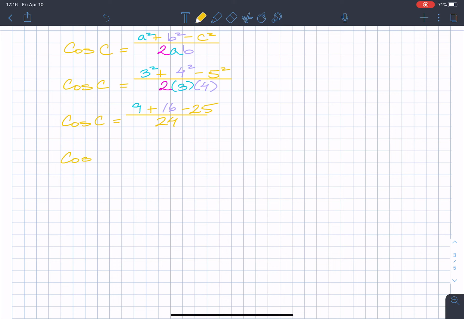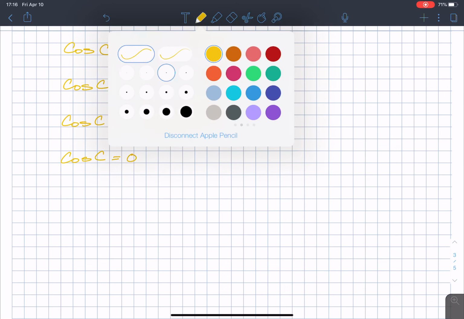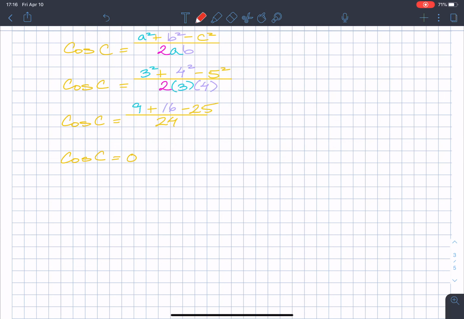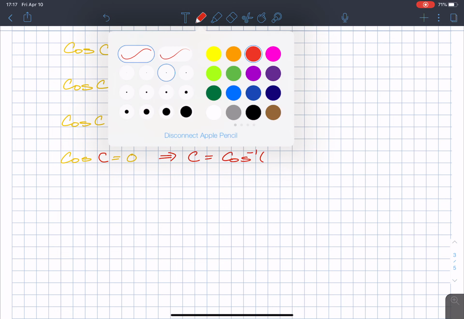Well, this gives us cosine of C is equal to 0 in the numerator. Okay, so if that's the case, let me write C in red. This means that C is inverse cosine of 0.